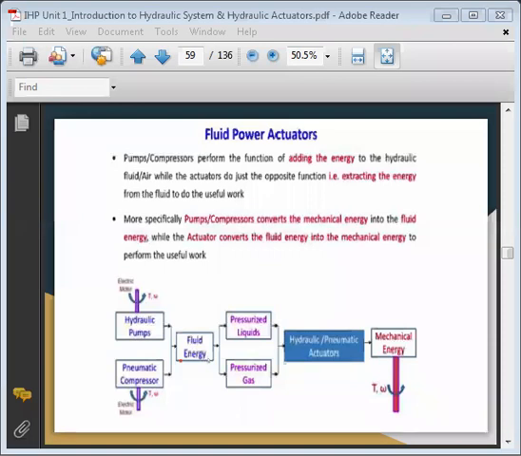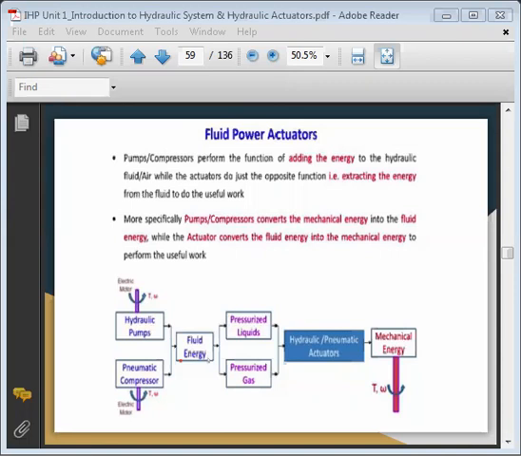Now the fluid power actuators. As we already know, pumps and compressors perform the function of adding energy, converting mechanical energy into fluid energy. They add energy to the hydraulic fluid or air.